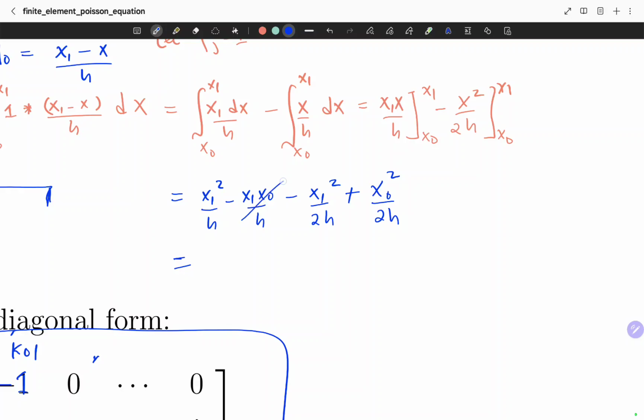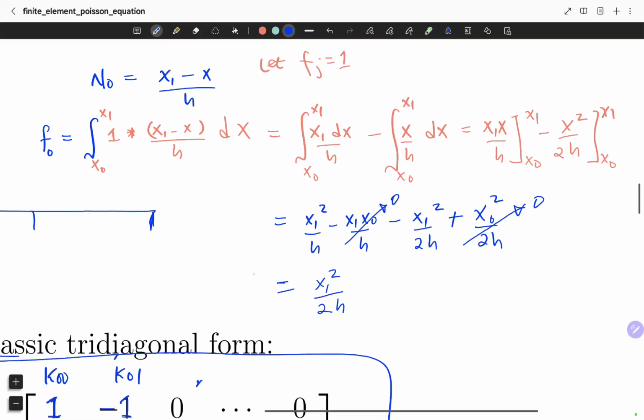And if x0 is 0, this guy goes to 0, this guy goes to 0. Then with these two guys, you have x1 squared over 2h, and the fact that x1 itself is h, so what you're going to be left with is f0 is h over 2.